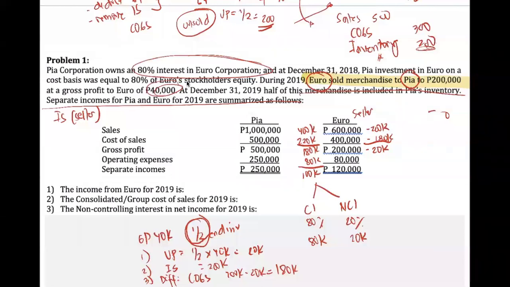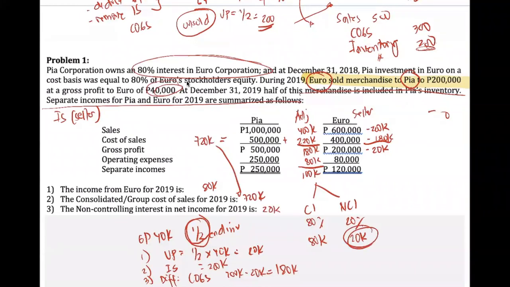Income from Euro, controlling interest, is 80,000 pesos. Next, consolidated or group cost of sales for 2019. How much is our adjusted for Euro? 220. How much for PIA? 500. How much is our adjusted total? 720,000. So the consolidated or group cost of sales is 720,000. Next, the non-controlling interest in net income, which we already computed, is 20,000 pesos.